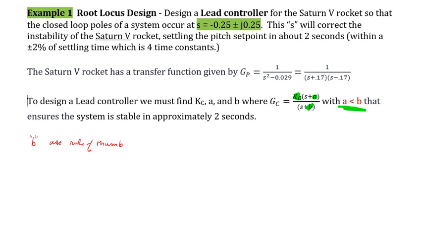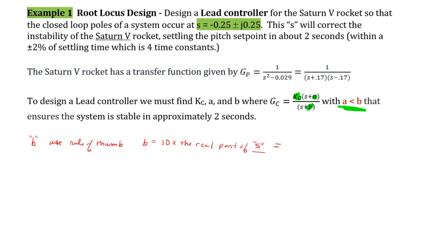It's a pretty simple one to follow. In the rule of thumb, B is equal to 10 times the real part of our s. So the real part of s, that's this s that we're provided here. You can see in that one, the value of s is negative 0.25 plus or minus j, and this is just going to be the real part.